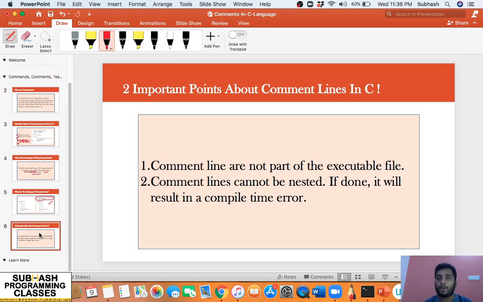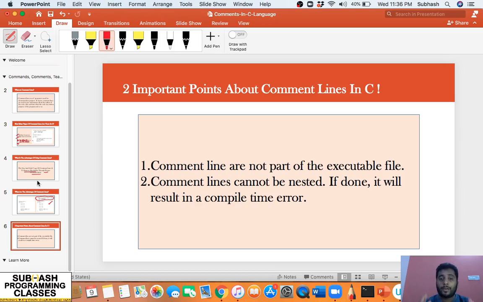So this is all about comment lines, guys. To give you a quick recap, comment lines are used for documentation purposes and for improving the readability of the code. If someone is going through the code and wants to quickly understand what is happening in it, the best way is to read the comment section.